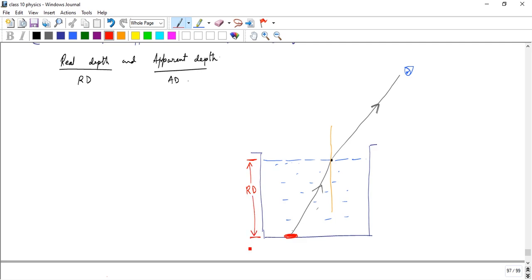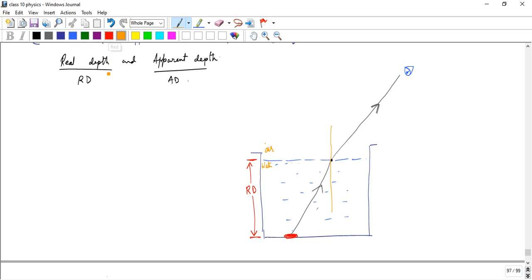And what is the apparent depth? When the observer sees the object, light travels in a straight path if it is air. Suppose it is water, and you know water is denser than air, so there is a mismatch of refractive index here. That's important.